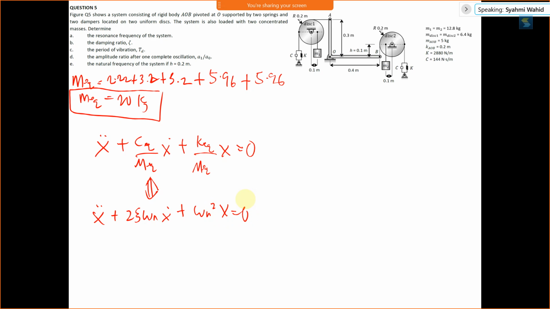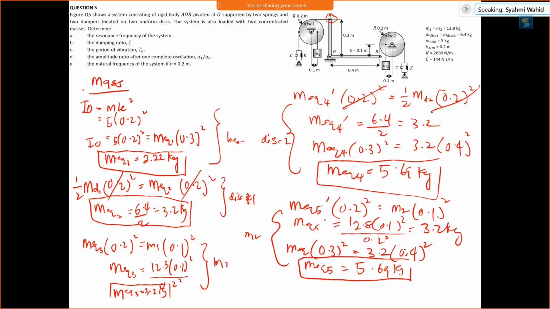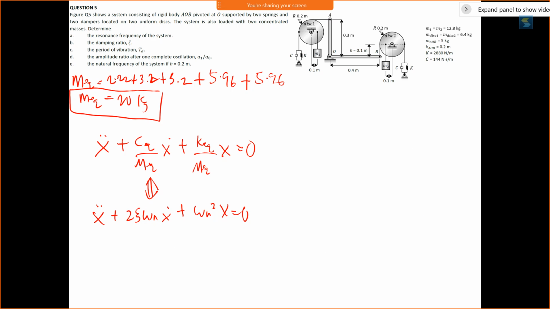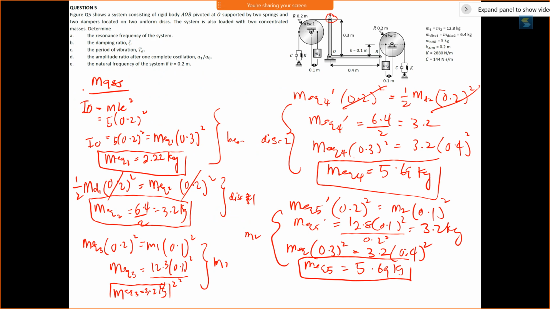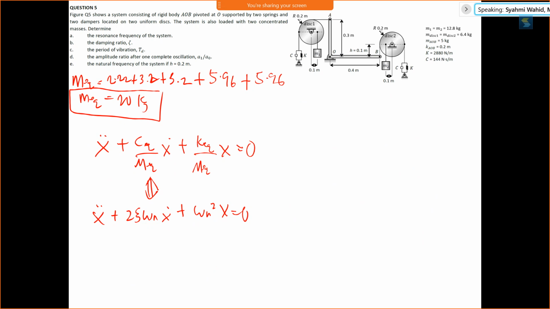M equivalent 4 and 5, is that 5.69 or 5.96? Mistake. 96, right? 69. Correct, right? 3.2, 69. So the correct answer is 20. Correct, sir. 20, right?